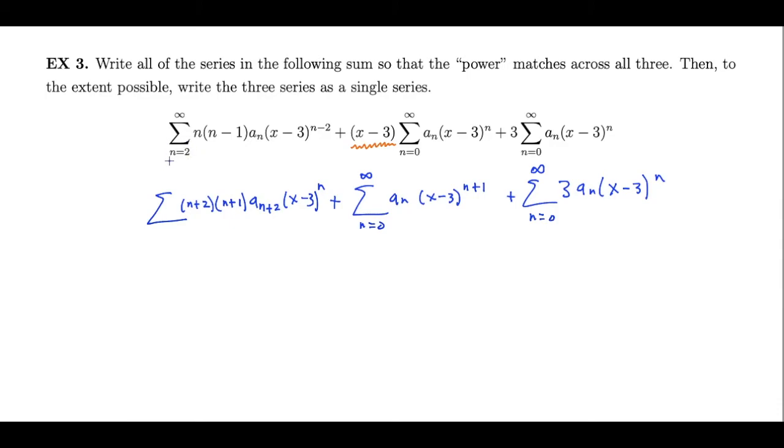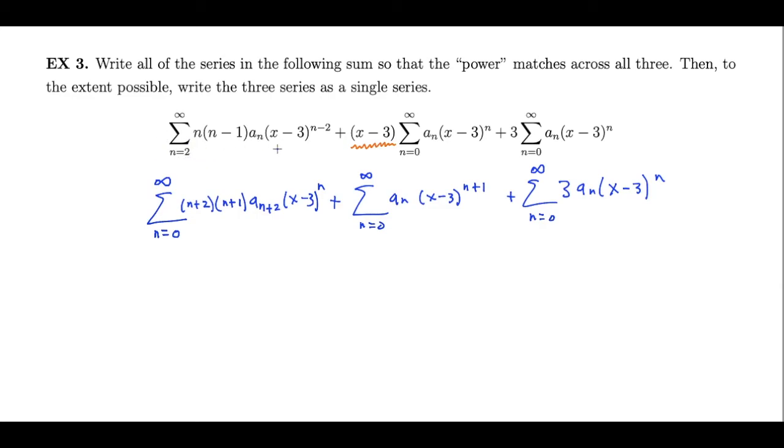I can simply make this n equals 0, since I have increased all of the n values in this definition of the series terms. And we can easily verify that this is an equivalent expression. Imagine plugging in the first index here. The first index originally was n equals 2.